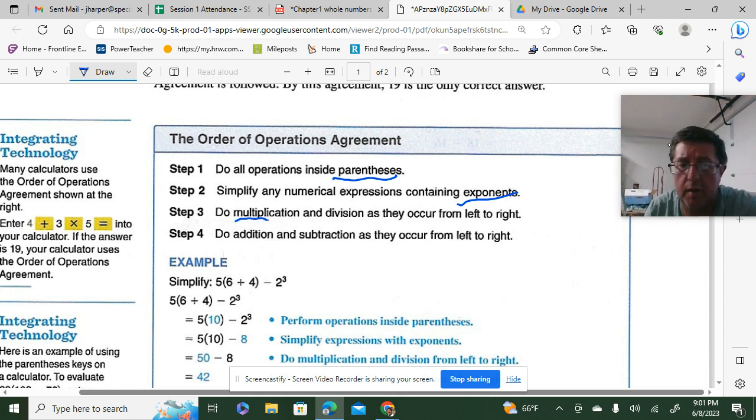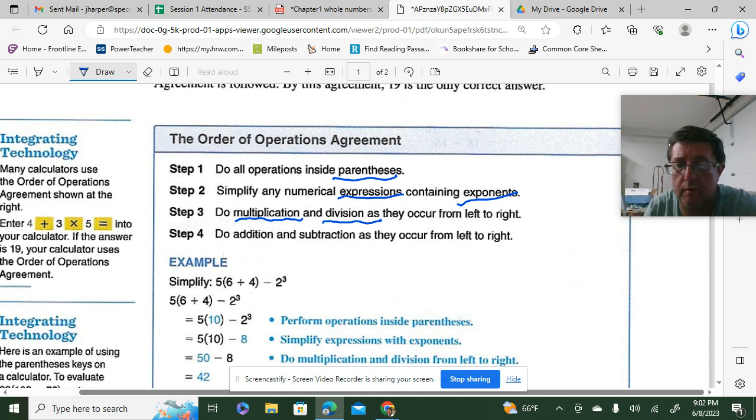Now do multiplication and division, and for multiplication and division, you just do left to right. Multiplication is my, division is D, so it's please excuse my dear.